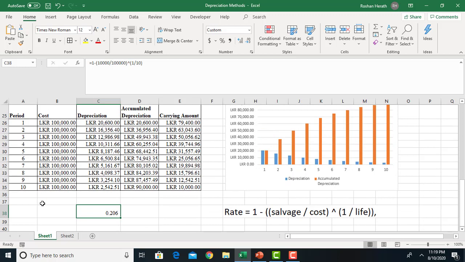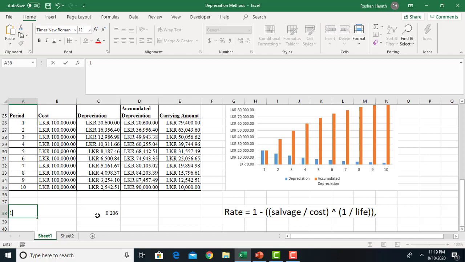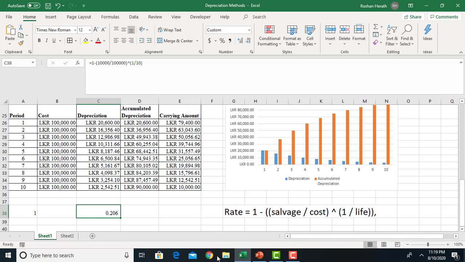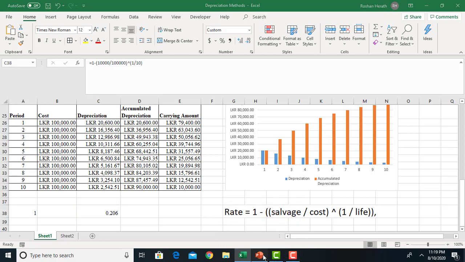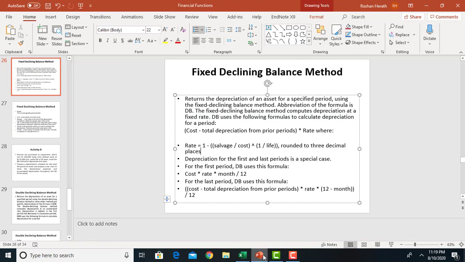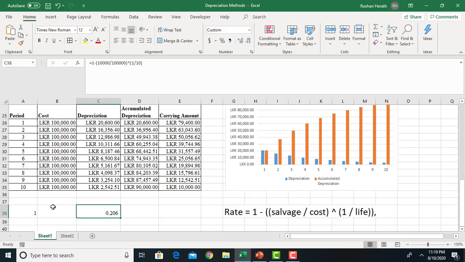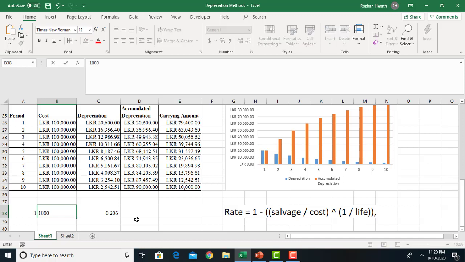For example, let's try this for the first year. So when applying the declining balance method, you apply that to the carrying amount. However, in the first year, no accumulated depreciation is there. When you get the carrying amount, you can simply take the cost. So the cost is 100,000, as you can see.